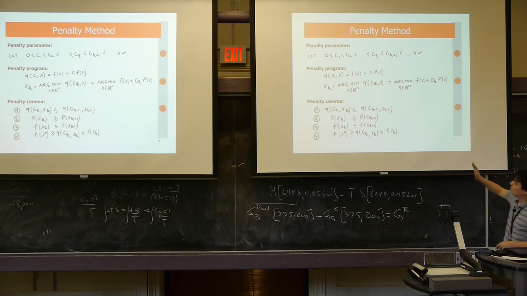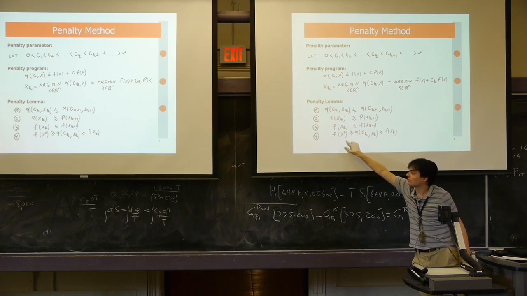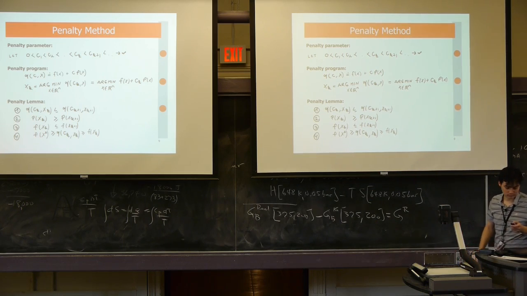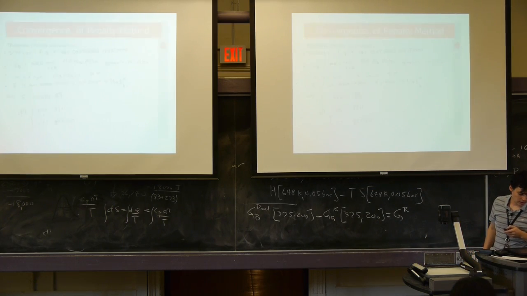So as we go from step k to step k plus 1, this function value will be increasing, and we will converge to the function value f(x star). We proved these 4 lemmas last time.